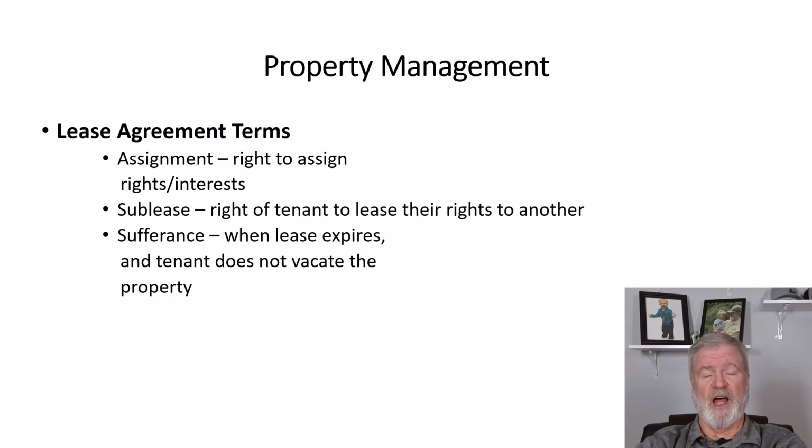I will tell you, a lot of investors do stuff like this. Maybe I've got this property under lease for $900 a month, but I decide to sublet the property to someone else, and I'm going to charge $1,200 a month.